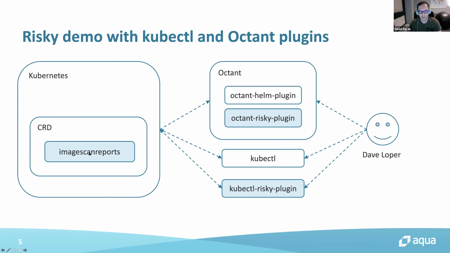So I have defined the custom resource, which represents the report of the scanned image. And the second part is risky, which is the name of a plugin. It's a temporary code name. I don't have the real name, but the idea is that developers are familiar with kubectl. They might be familiar with the plugin. So let's develop the plugin that allows them to scan a given workload quickly.